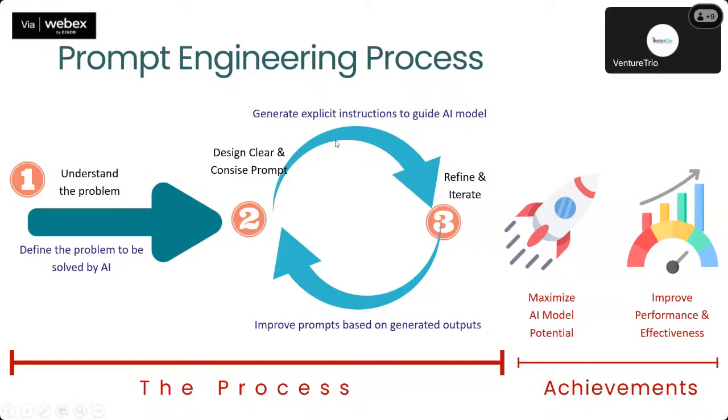Then what will it do? Generate explicit instructions to guide AI models. It will refine and iterate. It will generate a response here. If you are not satisfied, again regenerate, add some more prompts, add data as constraints, describe your query more, generate again, and do this until you get your response here.